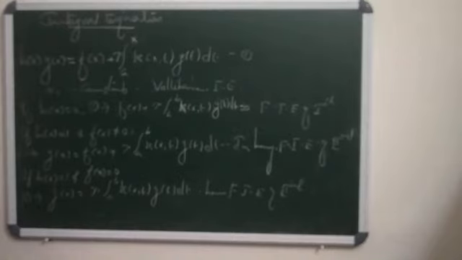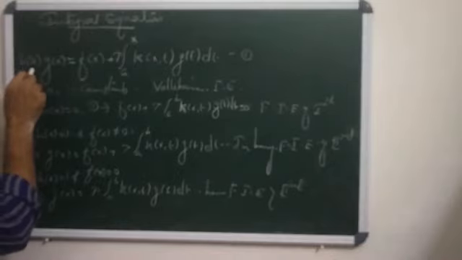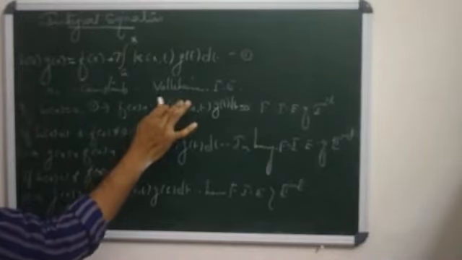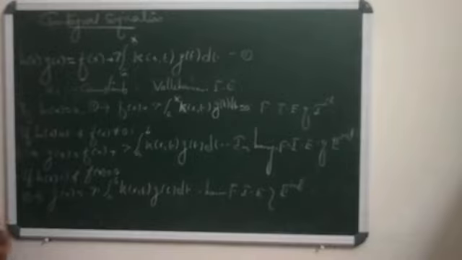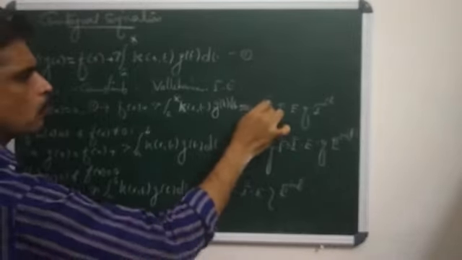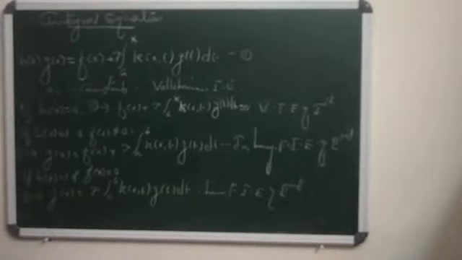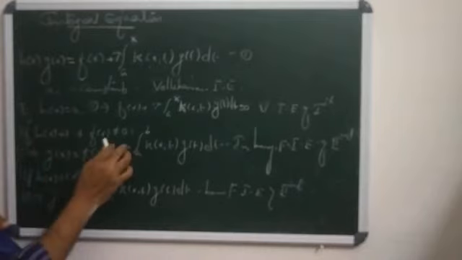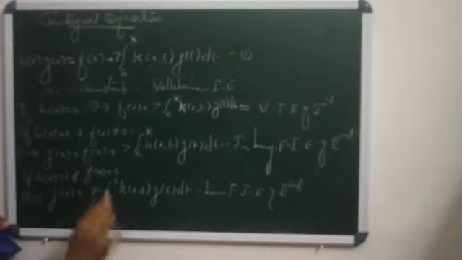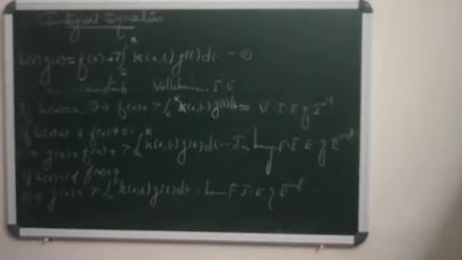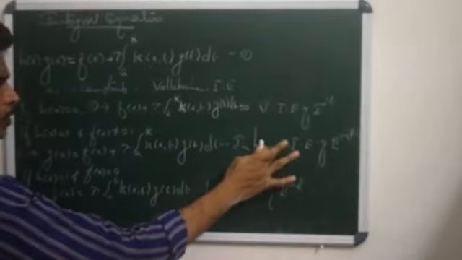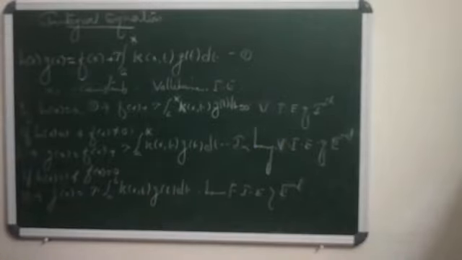Moreover, here again if h(x) equals 0, then f(x) plus lambda times the integral from a to x of k(x,t) g(t) dt equals 0 is said to be a Volterra integral equation of first kind. If h(x) equals 1 and f(x) differs from 0, then the integral equation g(x) equals f(x) plus lambda times the integral from a to x of k(x,t) g(t) dt is known as an inhomogeneous Volterra integral equation of second kind.